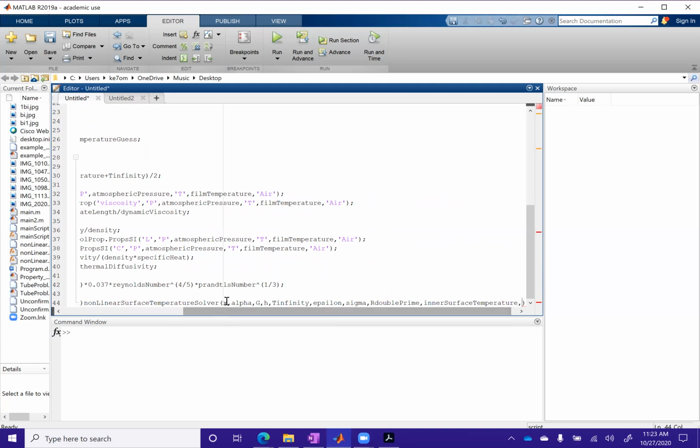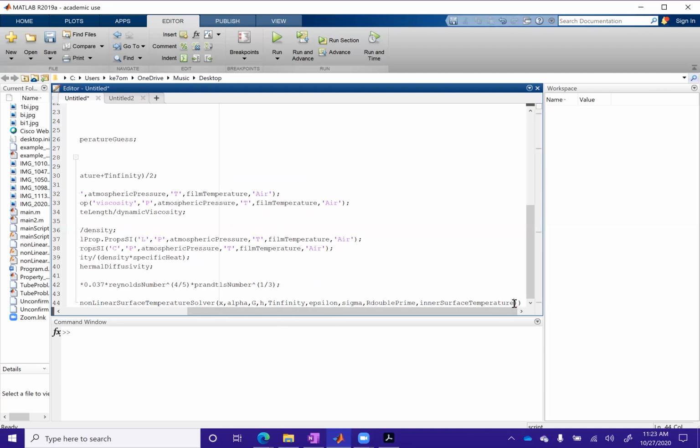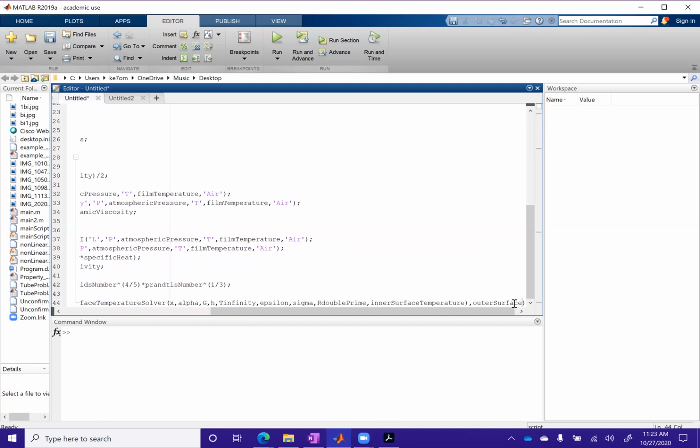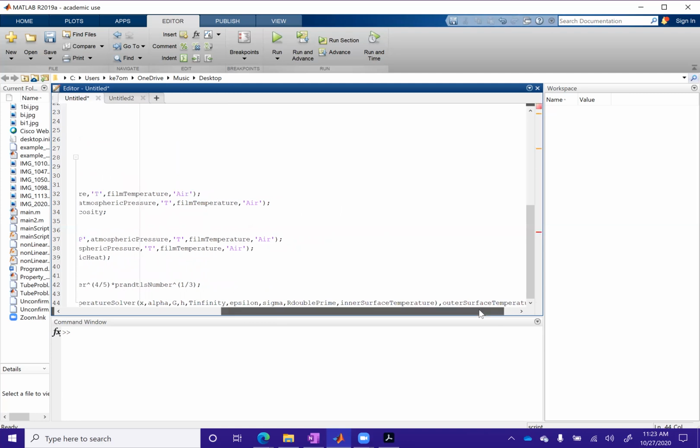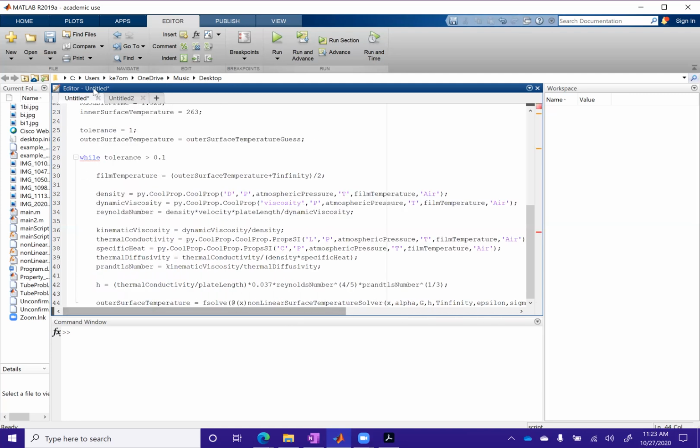When I said passing this dummy variable x, it's because when you call fsolve, it's going to call the nonlinear solver, which has to take an initial guess, right? So get rid of that and then go comma, outer surface temperature is the guess. And that's all there.